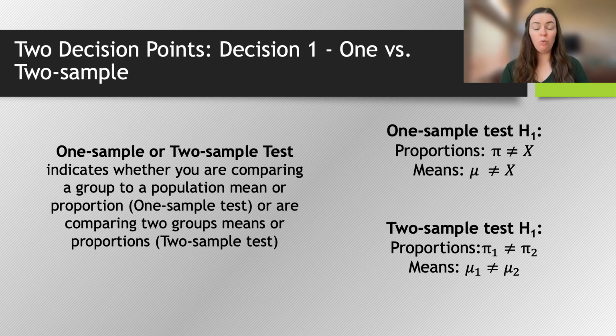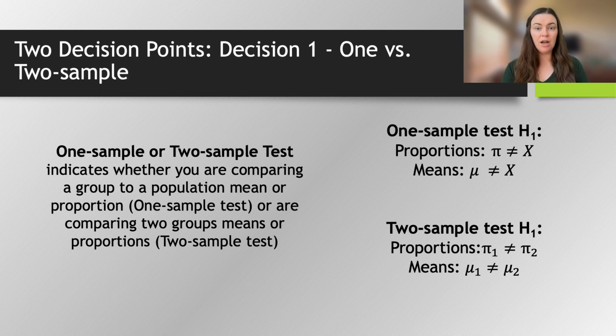So now that we've covered one sample hypothesis testing in the previous video and had a little bit of an introduction here into 2-sample hypothesis testing, I want to take a moment to pause before we dive into our examples regarding 2-sample hypothesis testing.